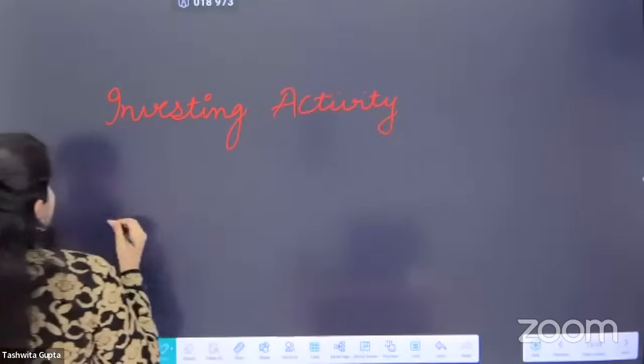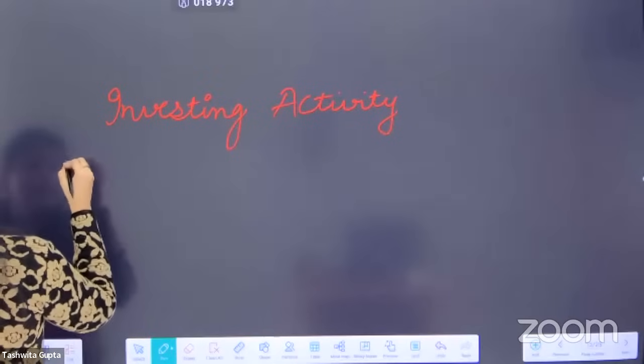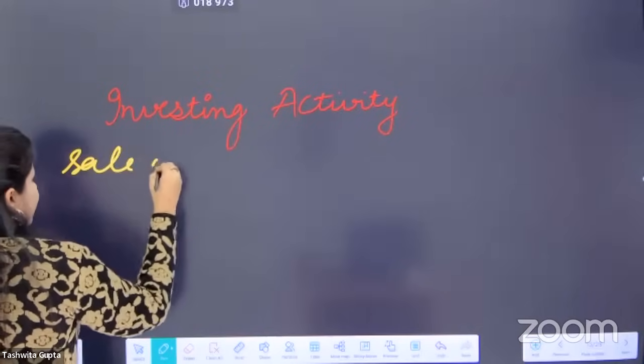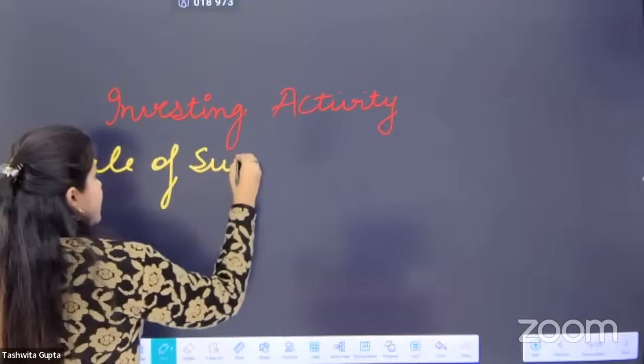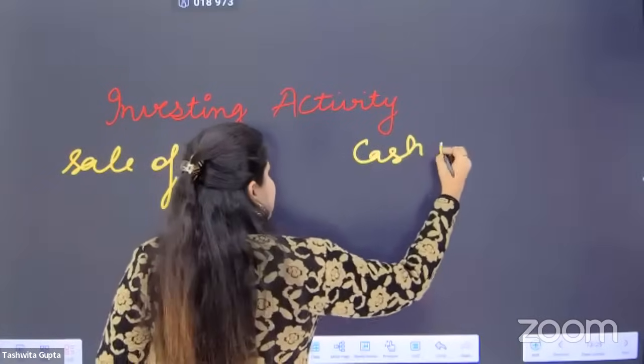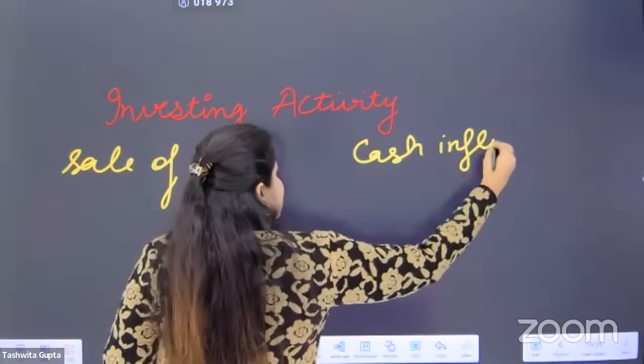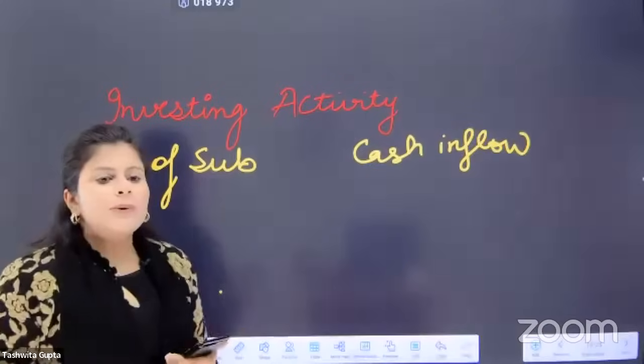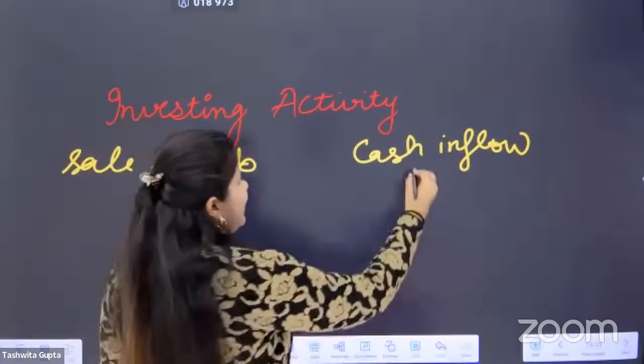We get an inflow. So you will say sale of subsidiary, it's a cash inflow. Correct? But the question is, do we take the whole proceeds here? We just take the net amount.